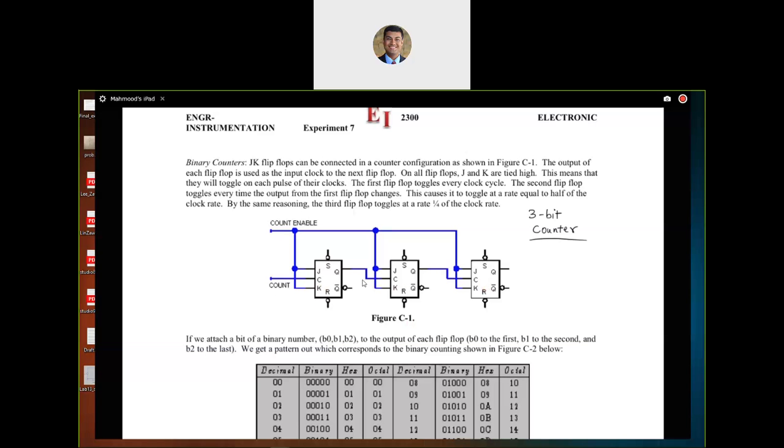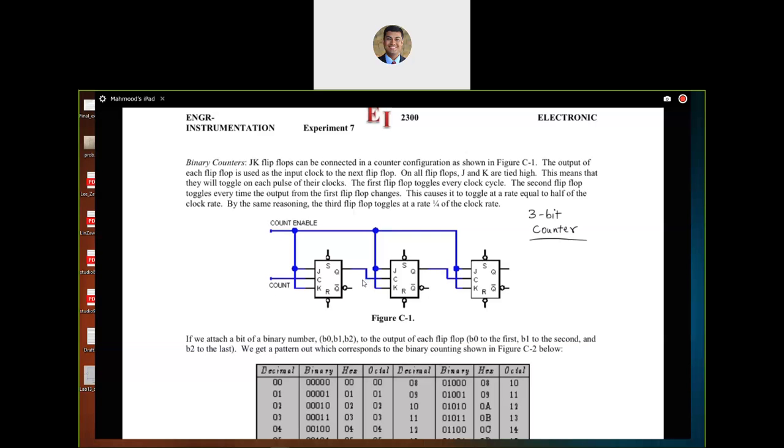The claim is that it is a 3-bit counter, and we have actually looked at what the JK flip-flops do, the 4 different states of the JK flip-flop. So let's try to see if what we have learned about JK flip-flop actually makes sense for the 3-bit counter.